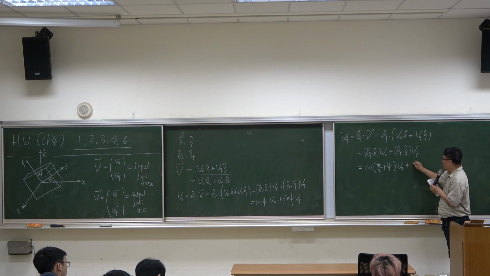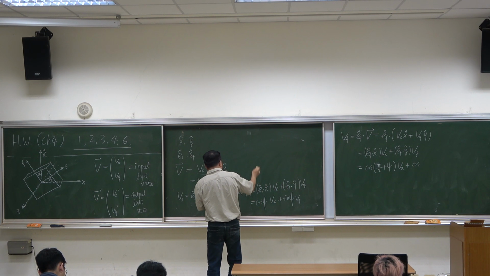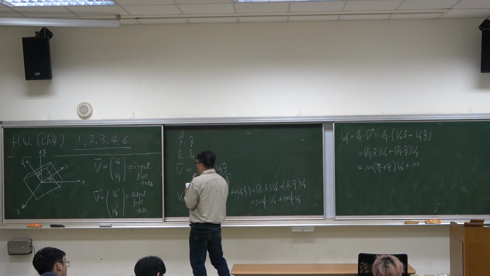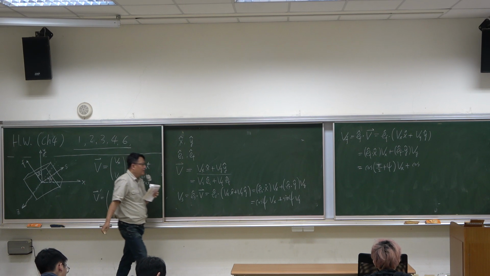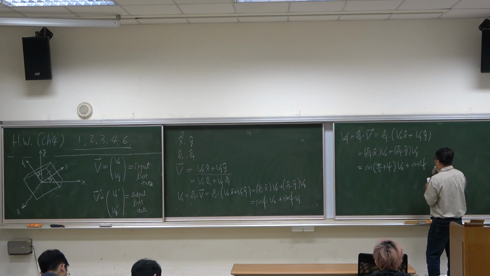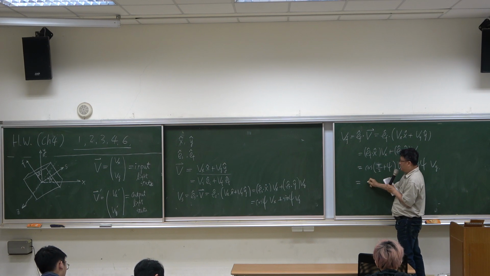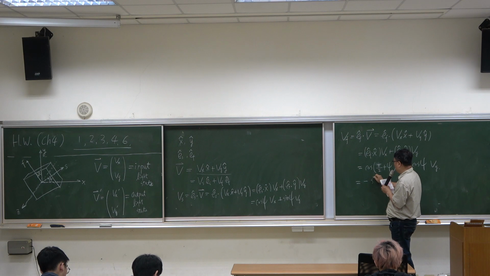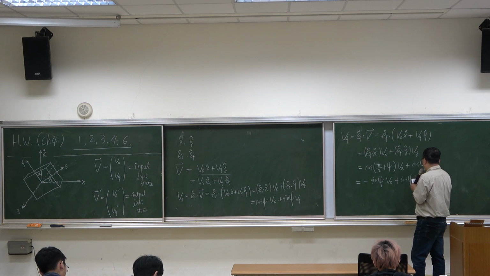And the angle between Ef and y is psi. This gives us the minus sign: minus sine psi Vx plus cosine psi Vy.